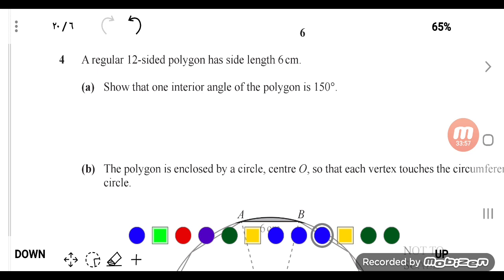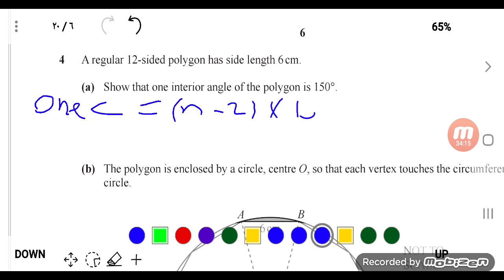Okay, this is easy. One interior angle is equal to n minus 2 times 180 divided by n. N means number of sides.